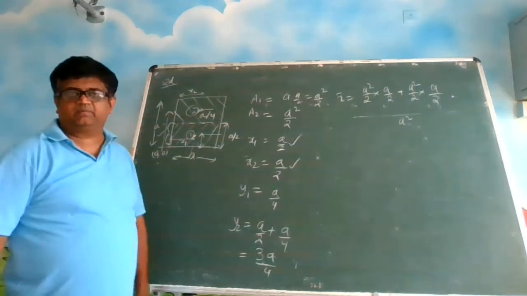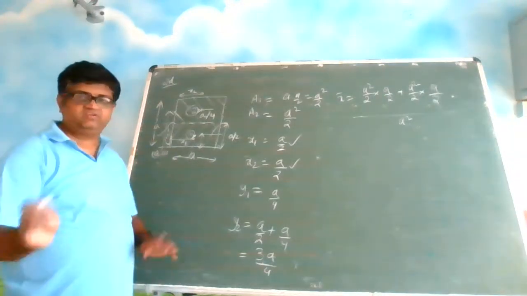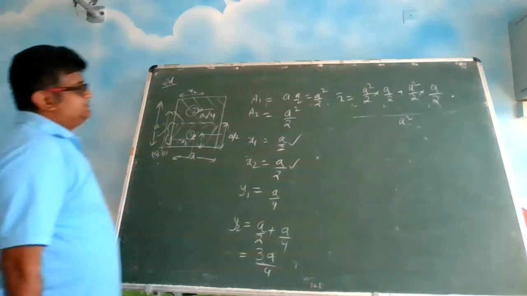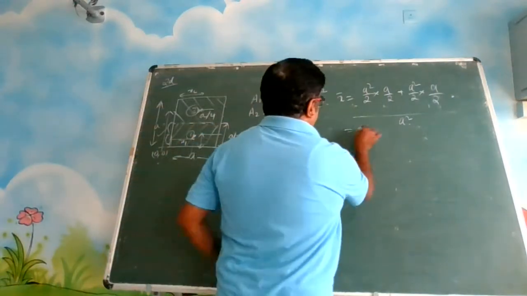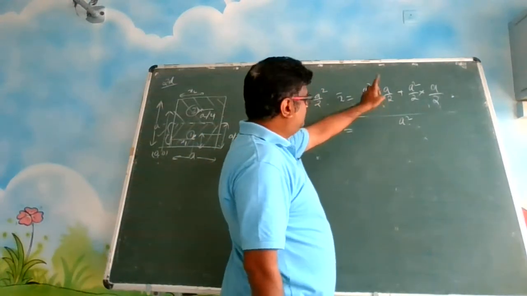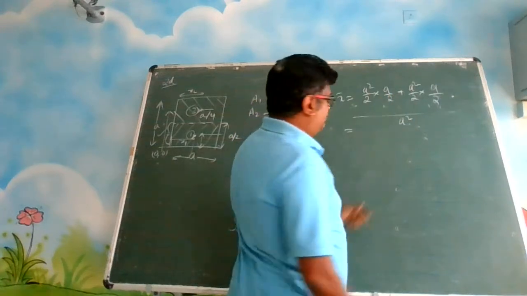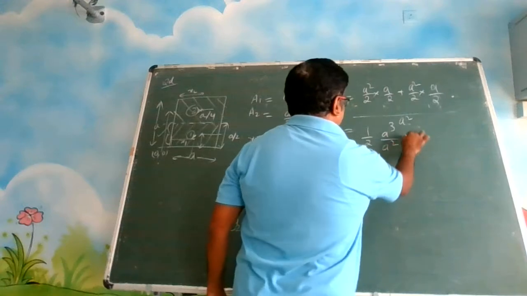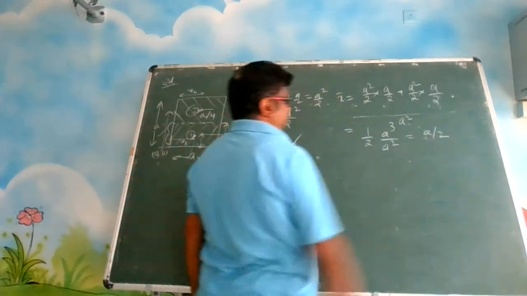In both the cases it will remain like that only. I am switching between English, Hindi and all that, whichever is comfortable. So इसको simplify करेंगे. 1 by 2 into 1 by 2, 1 by 4, 1 by 4 plus 1 by 4, 1 by 2. So it is 1 by 2 into A cube divided by A square. It is A by 2.